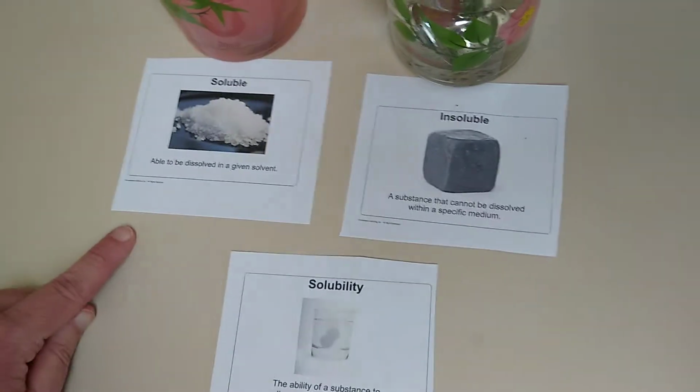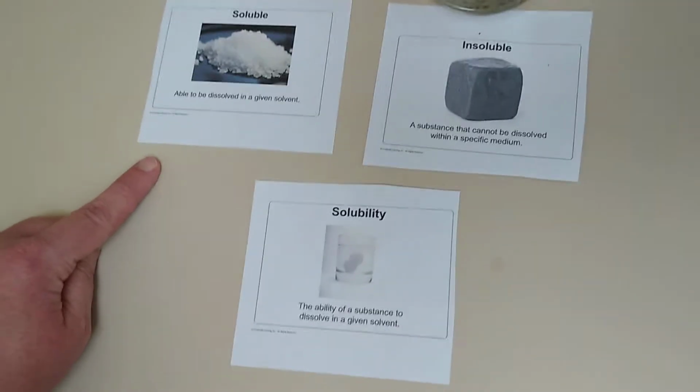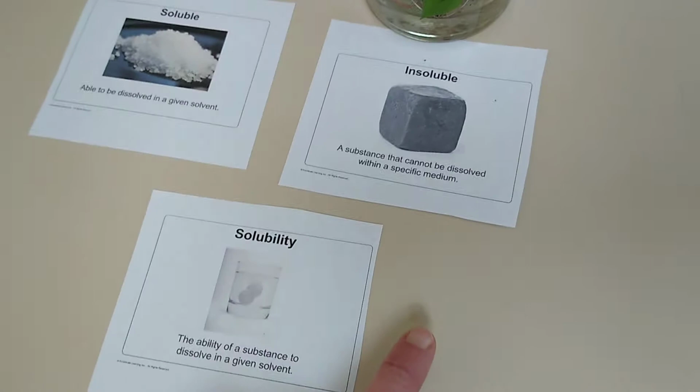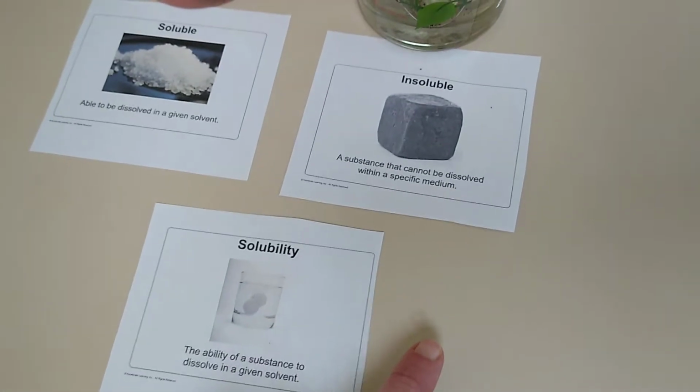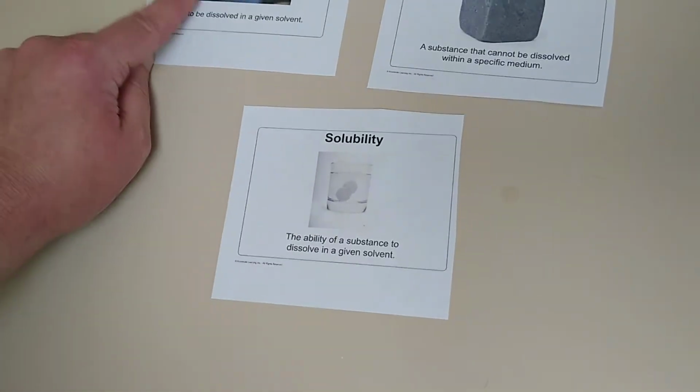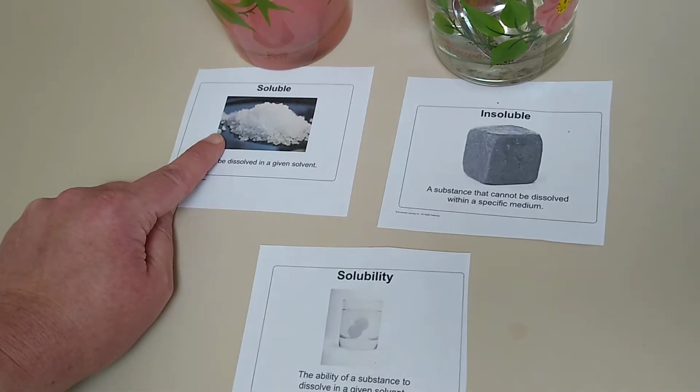Soluble means it will dissolve. It disappears in the water. There's only a liquid. There are no solids floating in it. Insoluble, it will not dissolve. It has a solid in it. Solubility is its ability to dissolve. This is highly soluble, high solubility, low solubility.